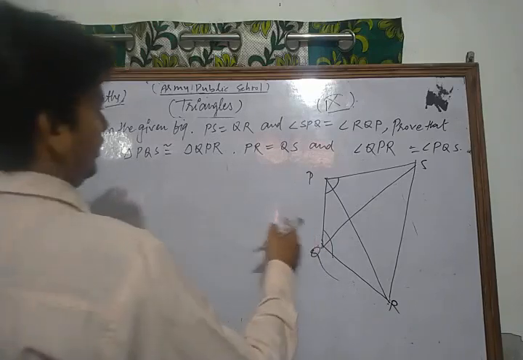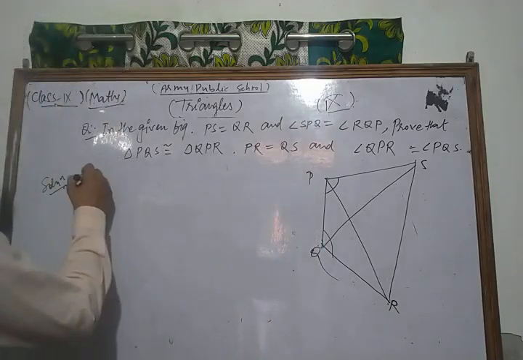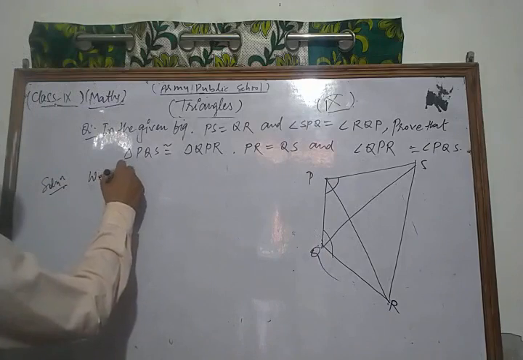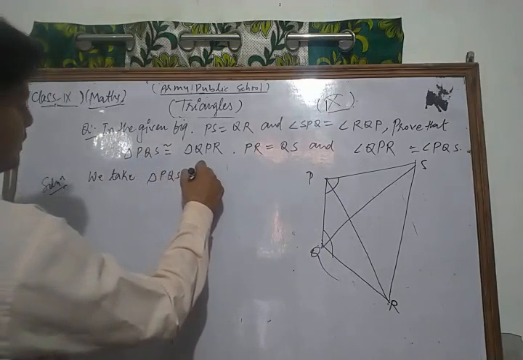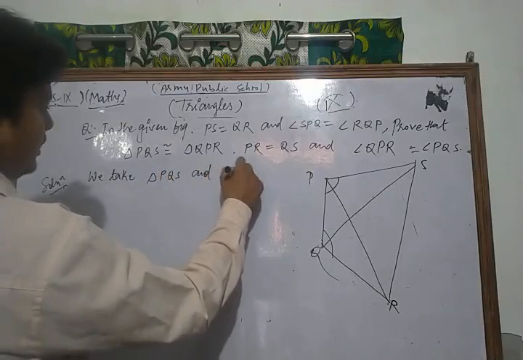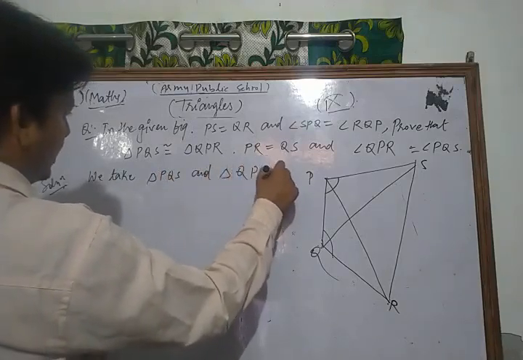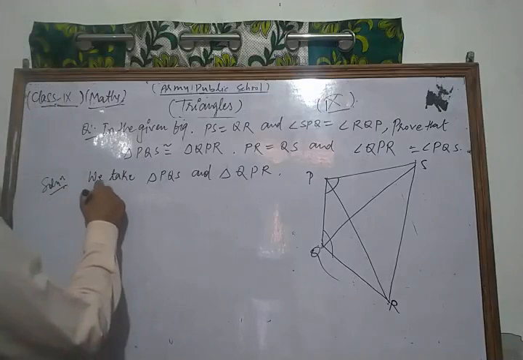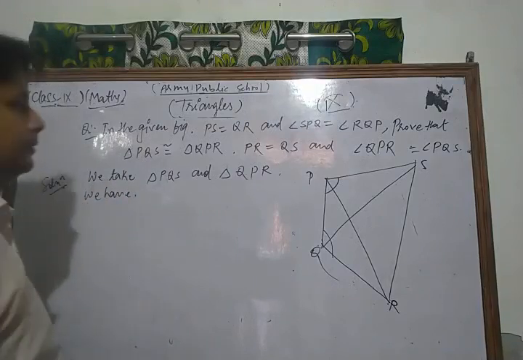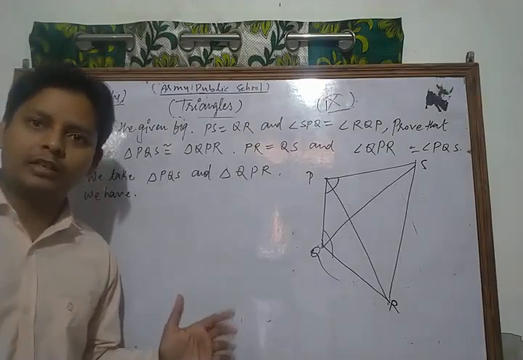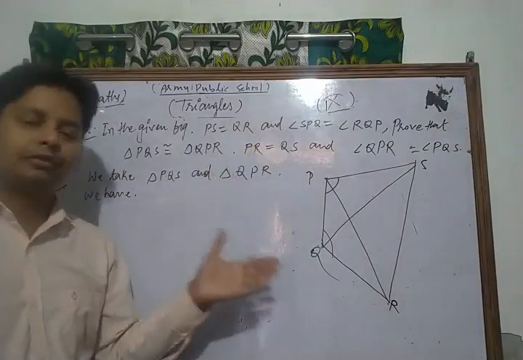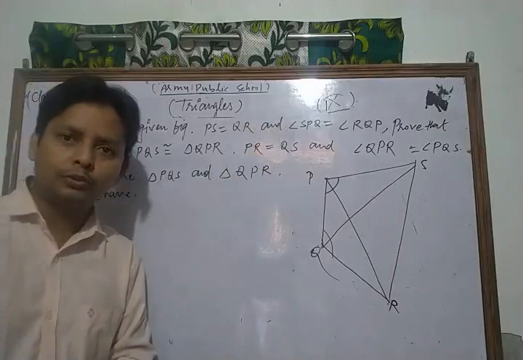Now we take two triangles, because we have to show that both triangles are congruent to each other.